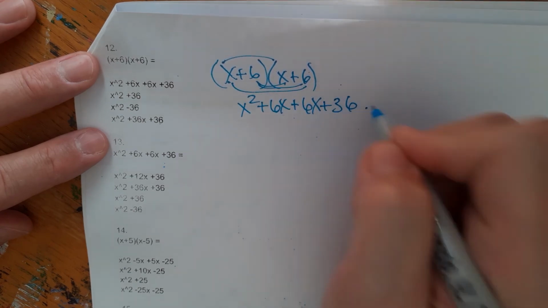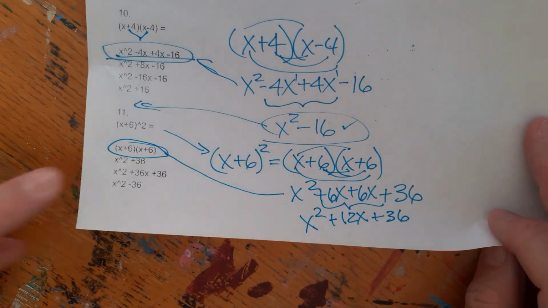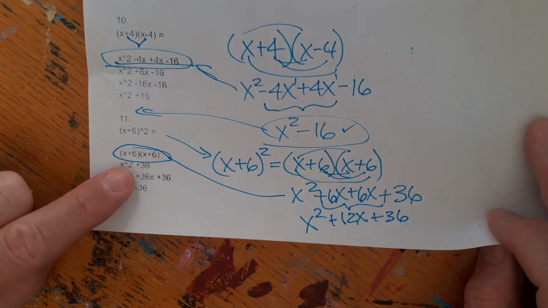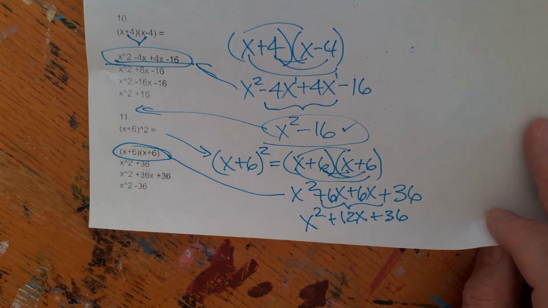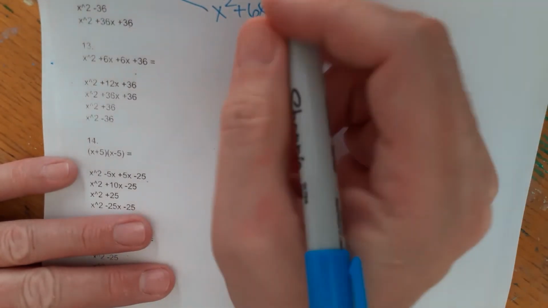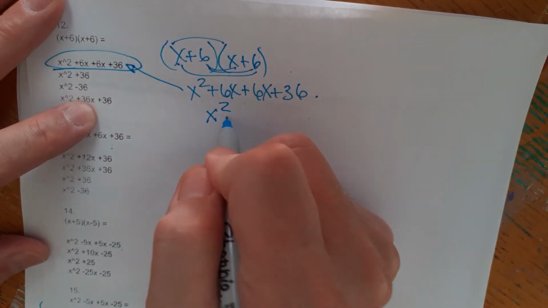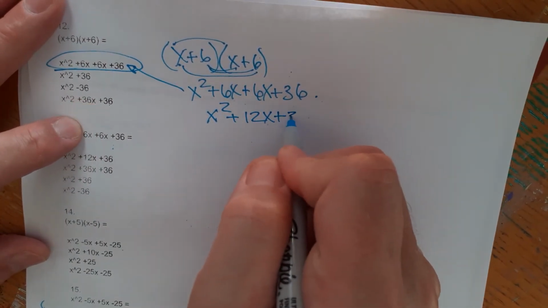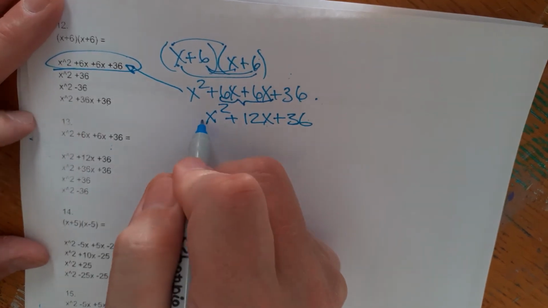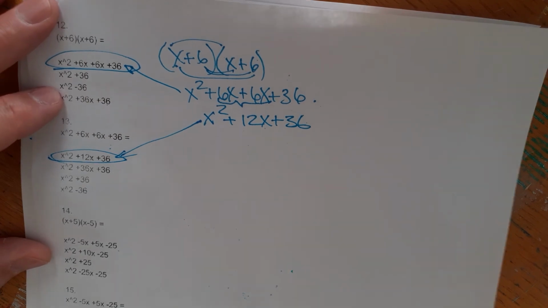Plus 36. There's 12 in there twice. Oh, because they wanted us to explore the idea that we had it raised to the power 2, therefore it produces 2 of them. Good. Now we know that it produces this right here, right? And we went to the next step already and said that this was x squared plus 12x plus 36 because we combined the two like terms, and that's producing this answer here. There you go. It all makes sense now.